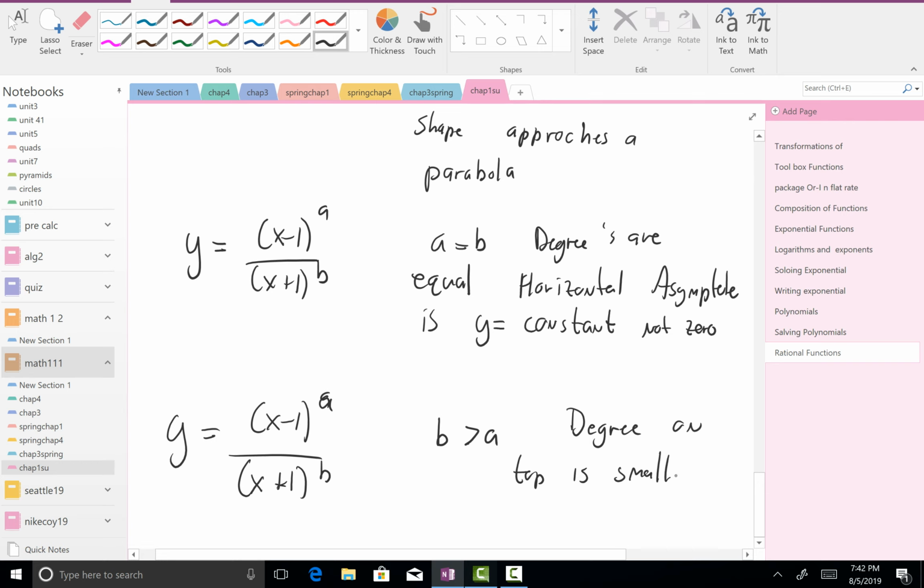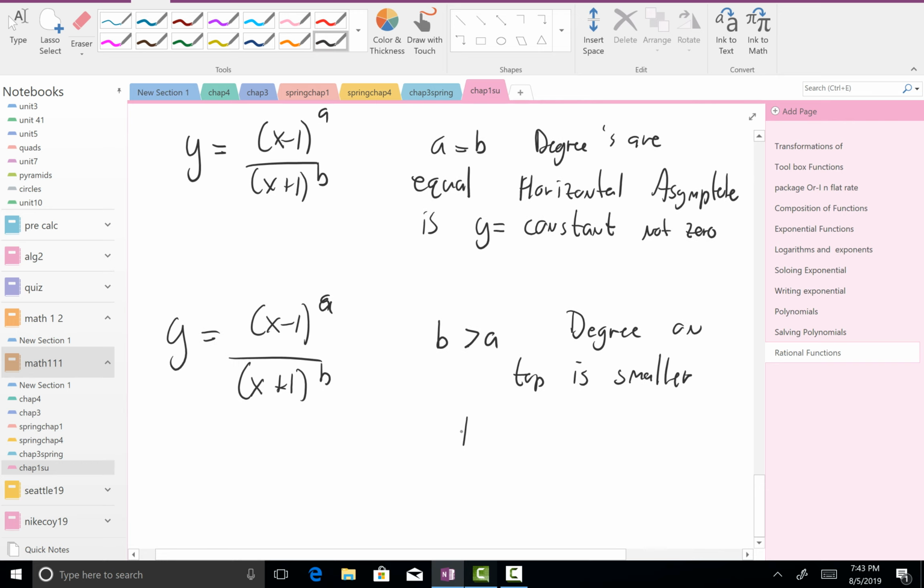That's when our horizontal asymptote is 0. So you can use that rule to help you with finding horizontal asymptotes.